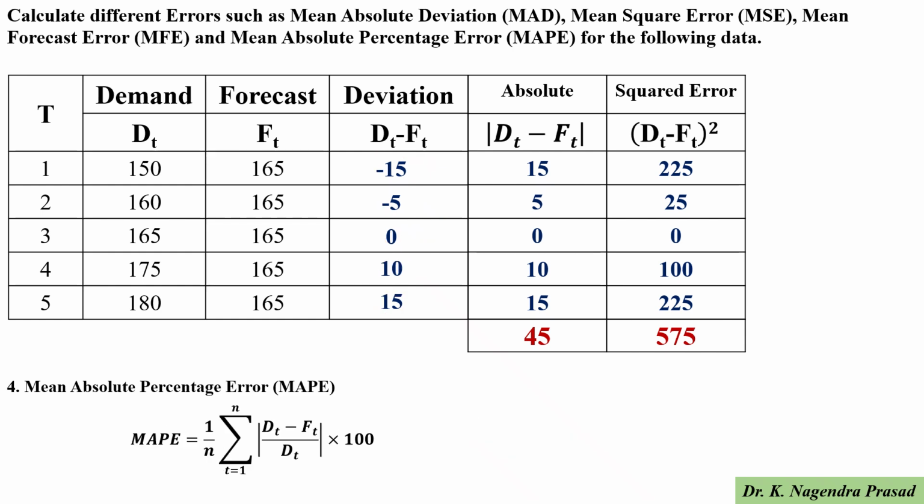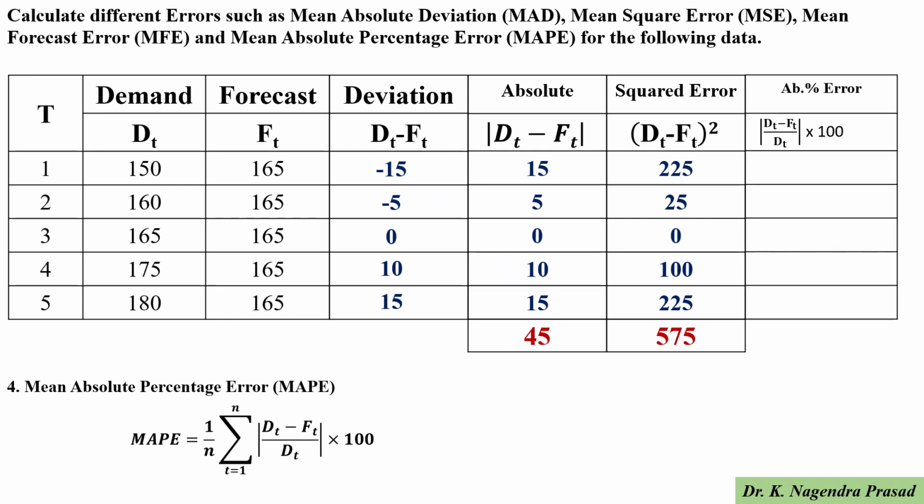Next we will calculate the mean absolute percentage error, which equals 1 by n times the summation of t equal to 1 to n of absolute dt minus ft divided by dt, into 100. First we have to calculate the absolute percentage error, that is absolute dt minus ft divided by dt into 100. Here we know the absolute deviations, and we divide by dt into 100 for each time period.